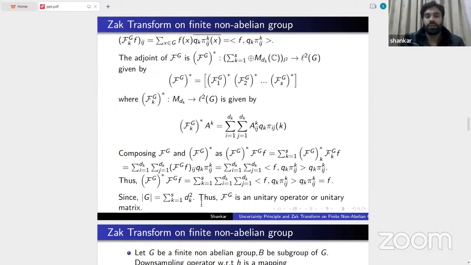Next, we have the adjoint of this Fourier transform, that is F_G star, which is the conjugate transpose of this matrix. So when we compose this Fourier transform with its adjoint, we get the same element f, that is, this Fourier transform is a unitary operator.